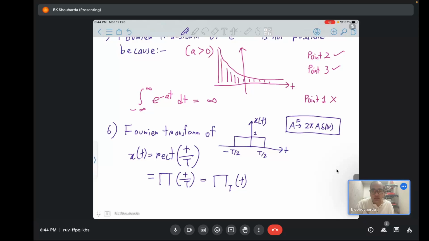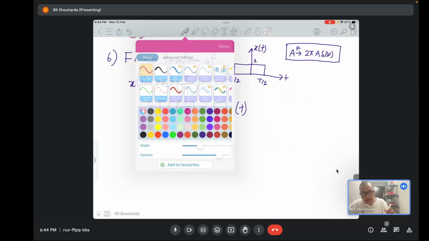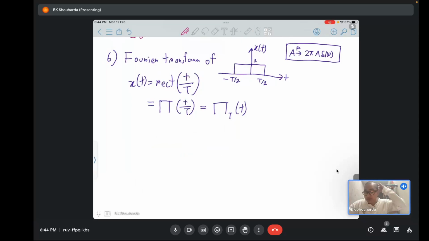We are supposed to find the Fourier transform of this signal, and this is a very critical signal. It's a rectangular pulse. It is a simple signal, but it will give us very important highlights about spectrum analysis.